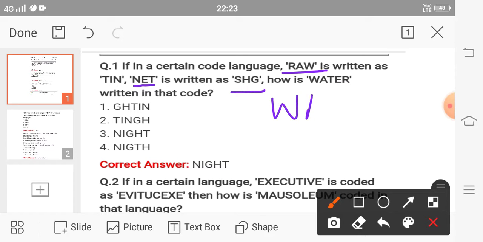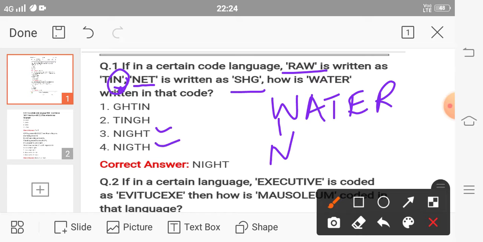So in WATER, in W's place we observe N. So we know N is the first letter in the code word. Where is N as the first letter in these options? In the third and fourth options, N is the first letter. So delete the first and second options.